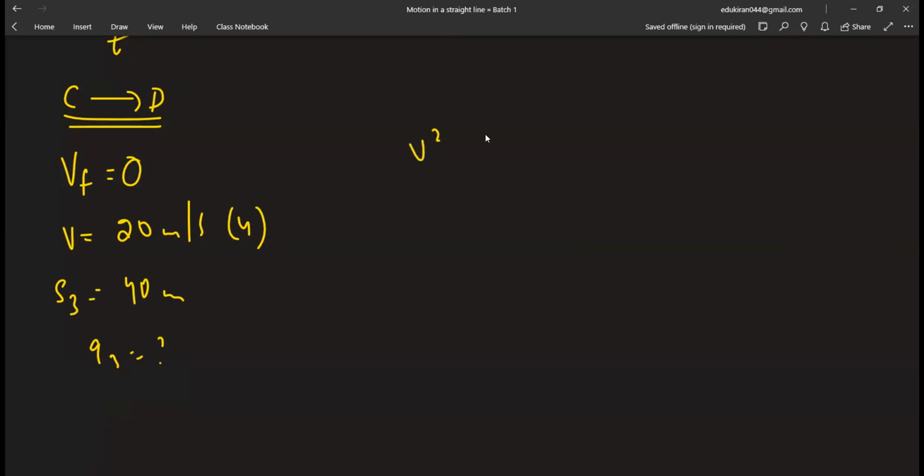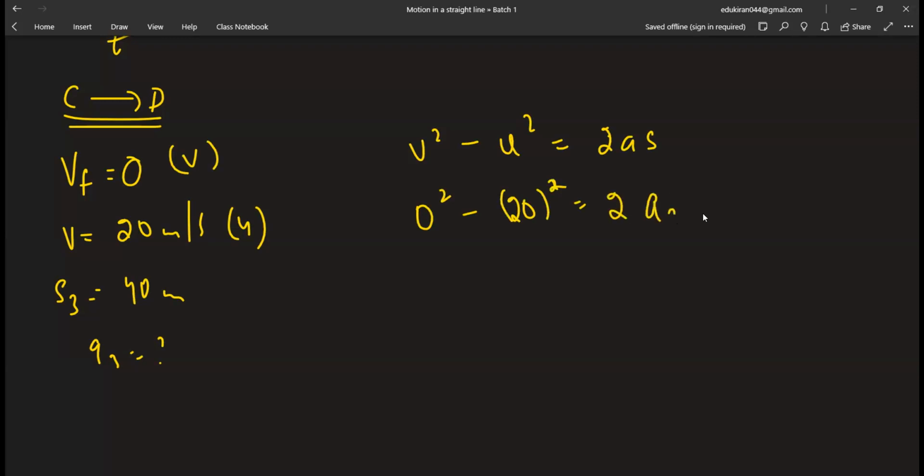The third equation, that is v square minus u square is equal to 2as. This is acting as the initial velocity for just this part. So what will be v square? V is final, this is the final velocity. This is the initial. So this is 0 square minus 20 square, is equal to 2 into acceleration, which we do not know, and distance is 40.